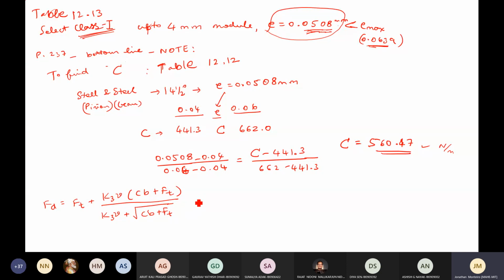Be very careful with the calculators because it's a huge equation and you might miss out. So let me write the things. This is 20.67 into 5.026 into CB.